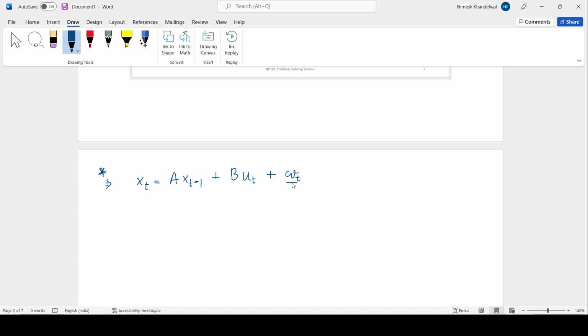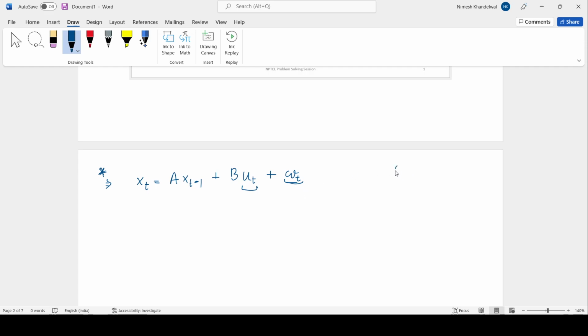Even if your model does not have any inaccuracy, the process noise comes from your control, because your control cannot be noise free. Since the process noise comes from control, this ut was the mean part of the control, and this wt was the noise part.